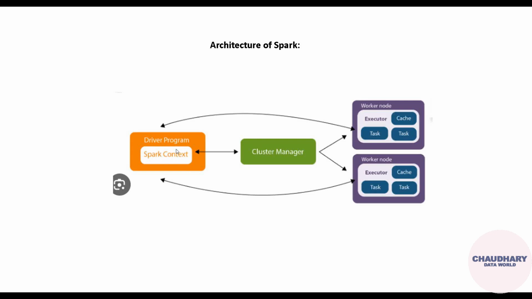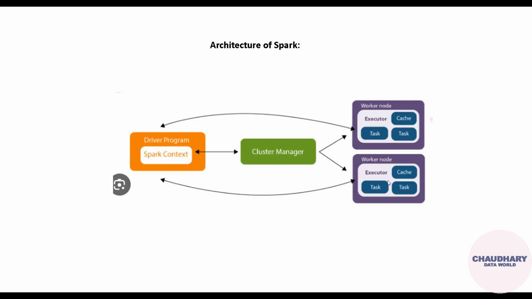Once the session is created, it passes the information to the cluster manager that, hey, I have one data set, and we need to apply some transformations over that particular data set. The cluster manager now sees which executor nodes, that means worker nodes, are available.